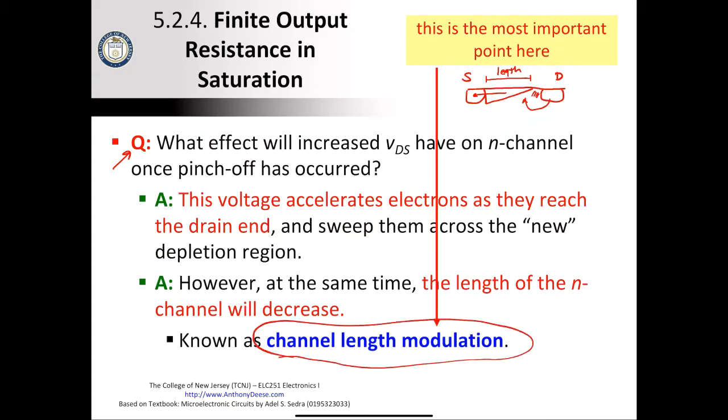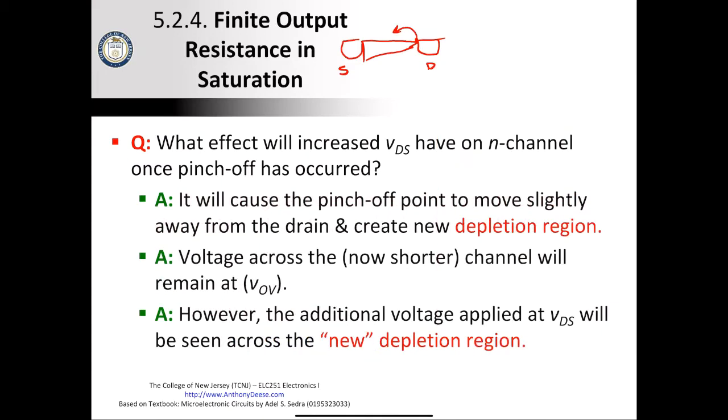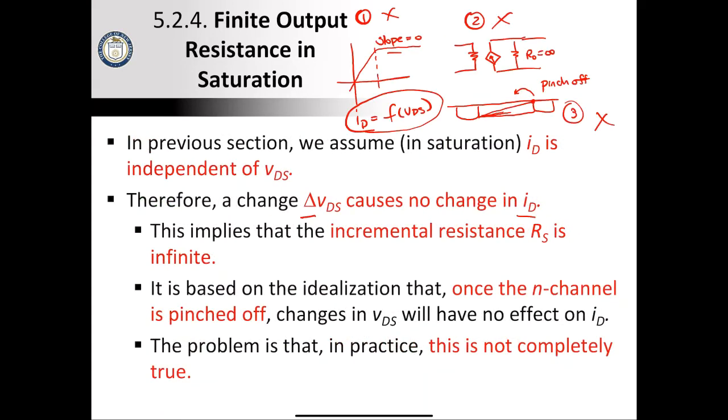So what you'll see is that a lot of problems will say, consider channel length modulation versus don't consider channel length modulation. When we do consider channel length modulation, we are assuming this. We are going to get rid of all three of these assumptions when we do consider channel length modulation.